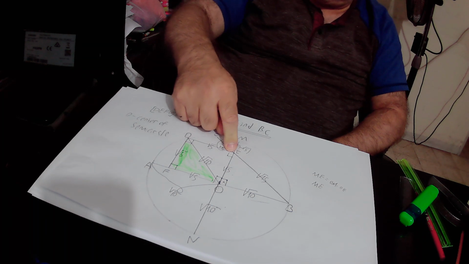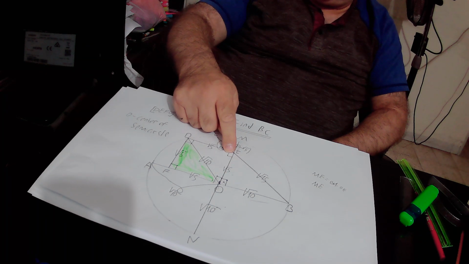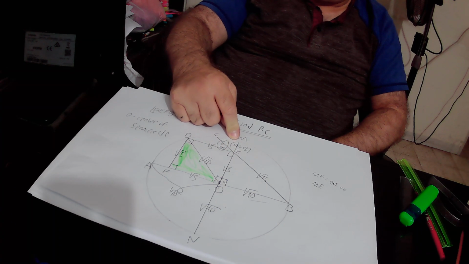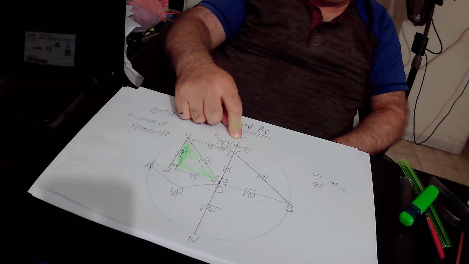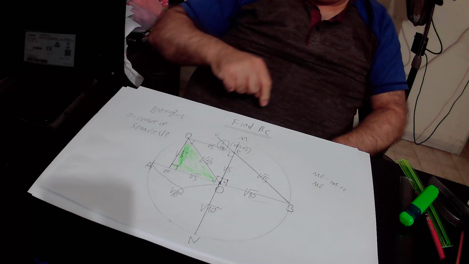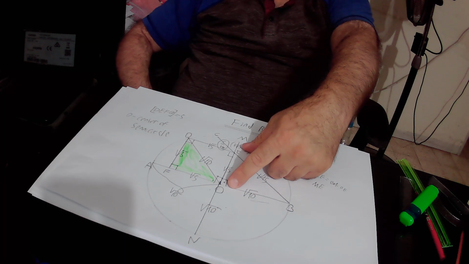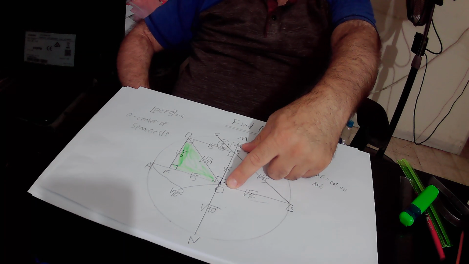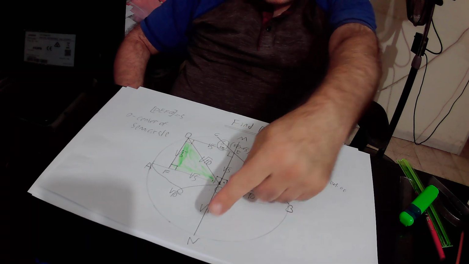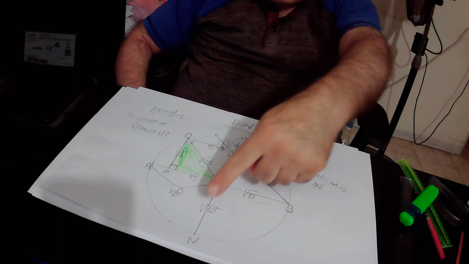This is to say we extended OE to the upper side until it touches the circle at point M. We defined the touching point of the extended OE and the circle as point M. Then we extended EO until it touches the circle at point N. Point N is the touching point of the extended EO and the circle.